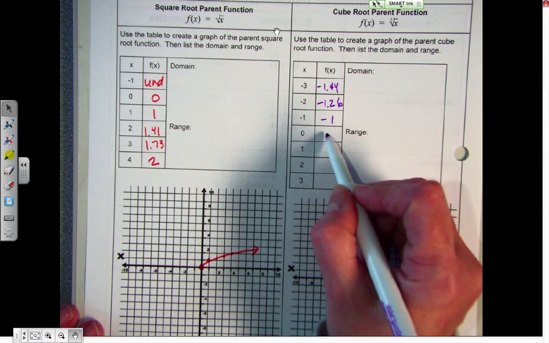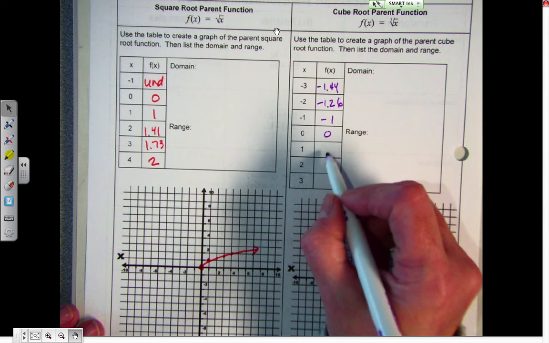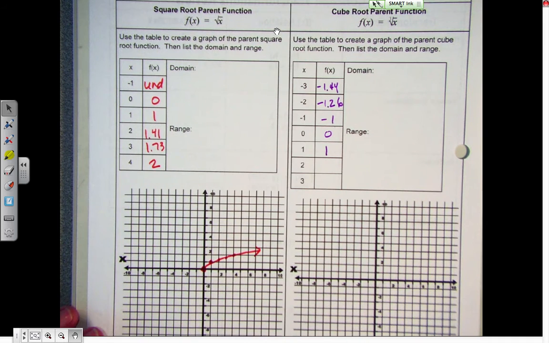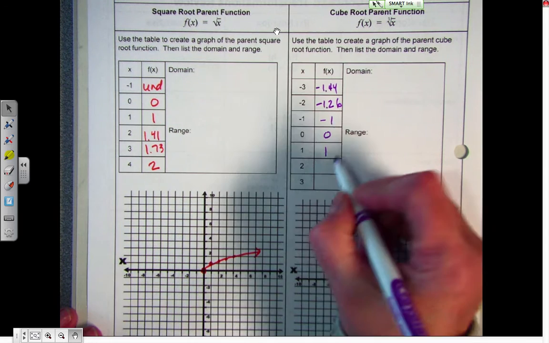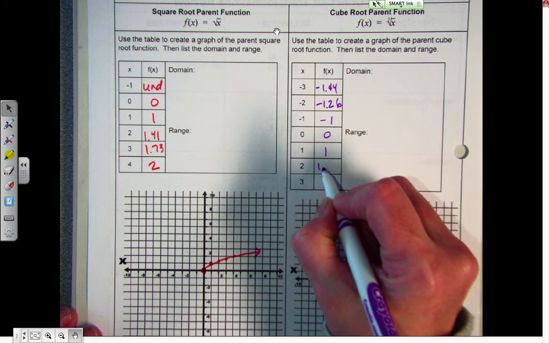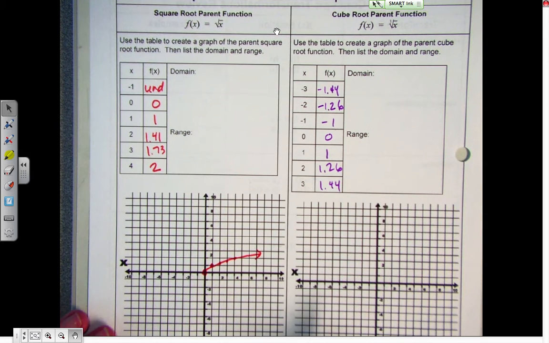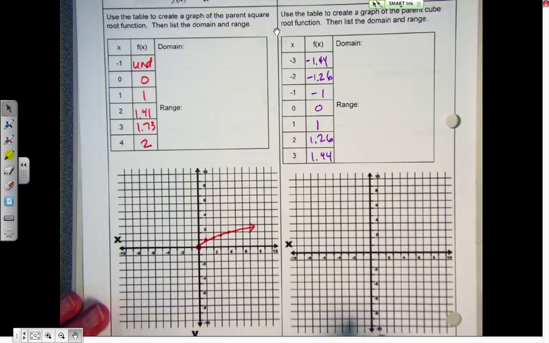Cube root of 0 is 0. Cube root of 1 is 1. Cube root of 2 is approximately 1.26 and of 3 is 1.44. So graphing this, it looks something like this.